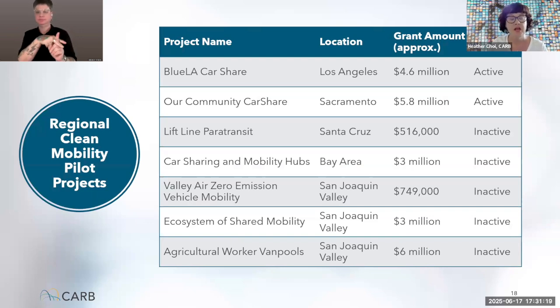So now here is a list of the 7 pilots. 5 of the 7 regional pilots are completed. This includes Agricultural Worker Van Pools Pilot Project, Car Sharing and Mobility Hubs at Affordable Housing Pilot Project, Ecosystems of Shared Mobility in the San Joaquin Valley, Liftline Paratransit Dial-A-Ride EV Transition Program, and Valley Air ZEV Mobility Pilot Project.